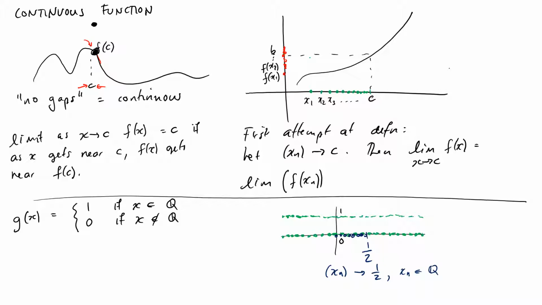But I could make another sequence, and I'll call this one sn, that converges to a half. But this time I'll make it a sequence of irrational numbers.